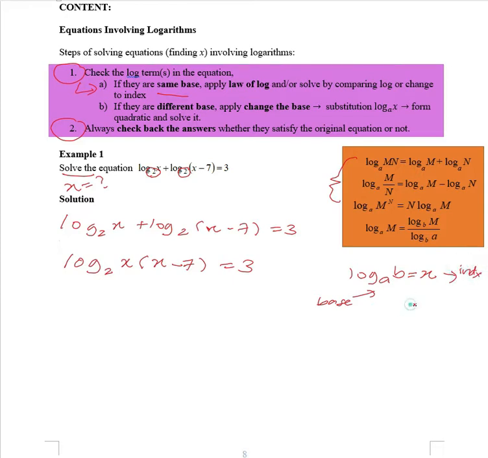So what you have to do is the base of the index form is like this, and the power is going to be x, and then it's equal to b here. Or an easier way to memorize this is to change from log to index form.